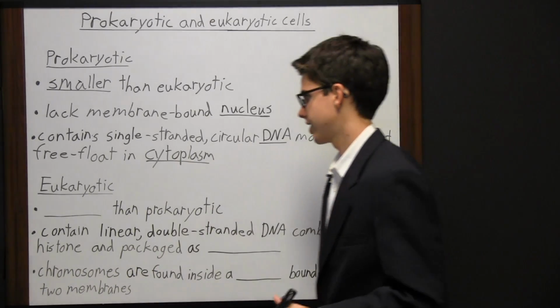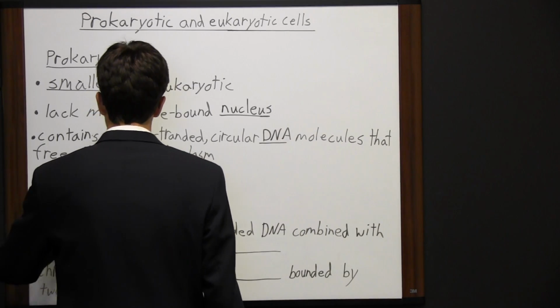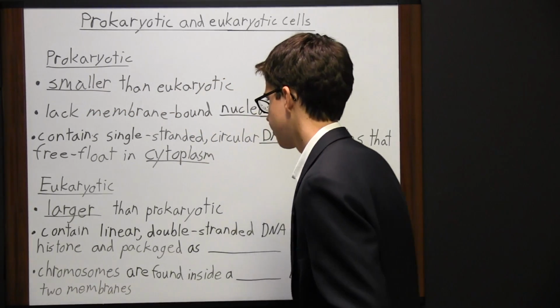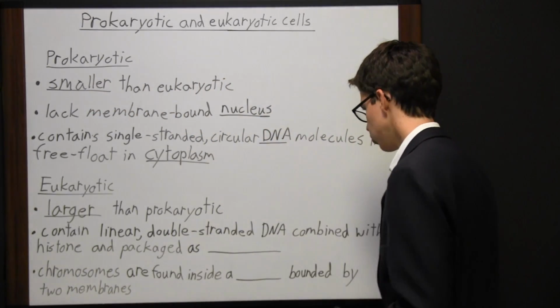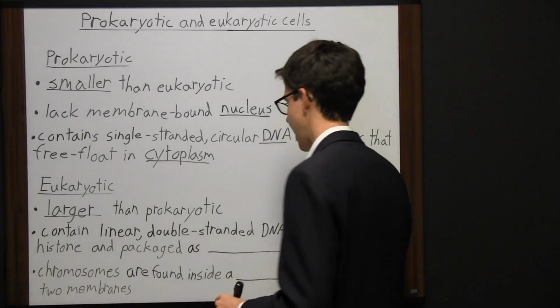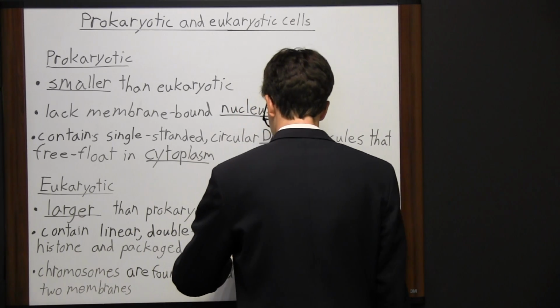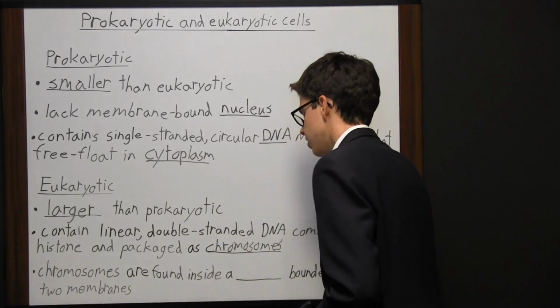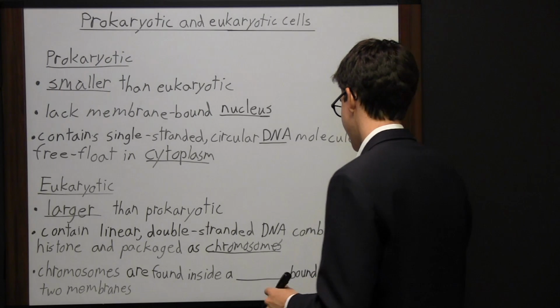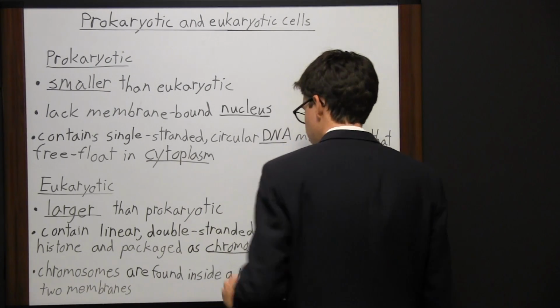Then we have eukaryotic cells, and so these are going to be obviously larger than prokaryotic cells. And these contain linear, double-stranded DNA combined with histone and packaged as chromosomes. And then the chromosomes are found inside a nucleus bounded by two membranes.